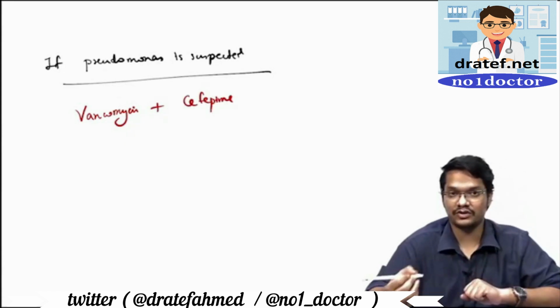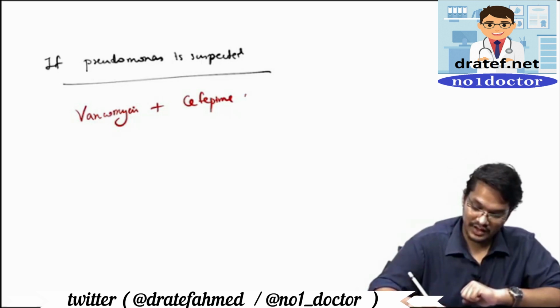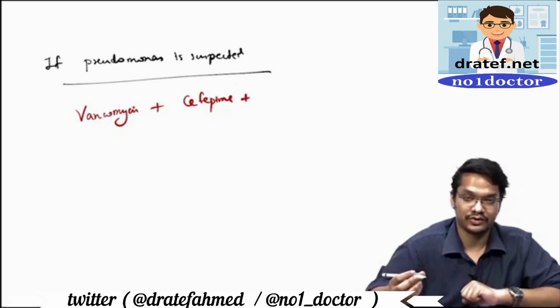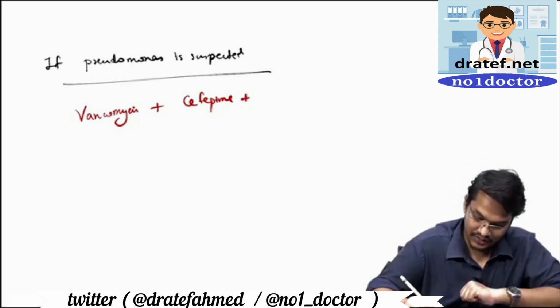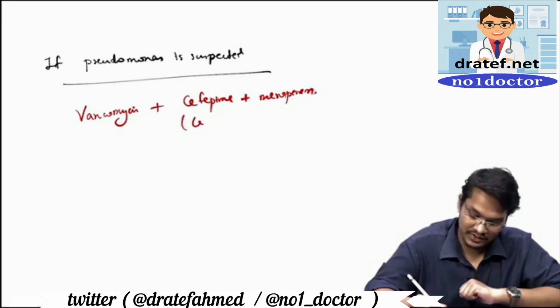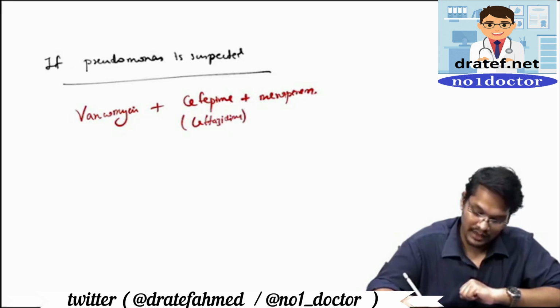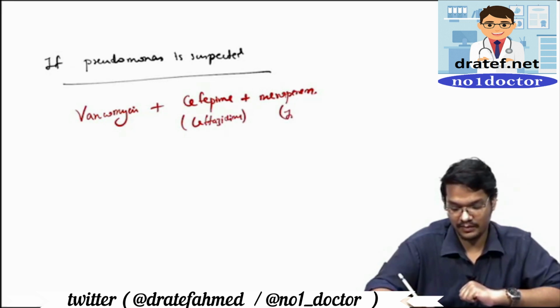So now ceftriaxone is not given, cefepime is given because cefepime acts on Pseudomonas, and we will add another drug. Now we will give three drugs. The third drug is usually meropenem. Instead of cefepime, ceftazidime can also be used, and instead of meropenem, imipenem can also be used.